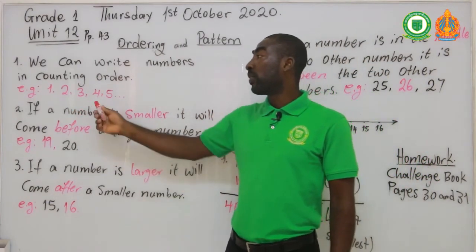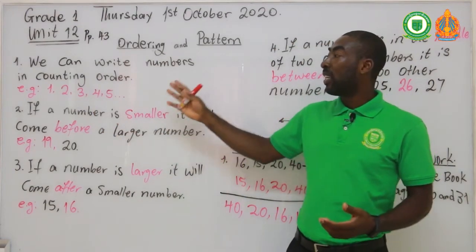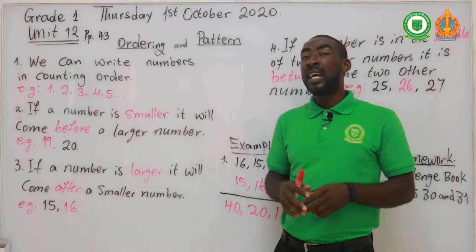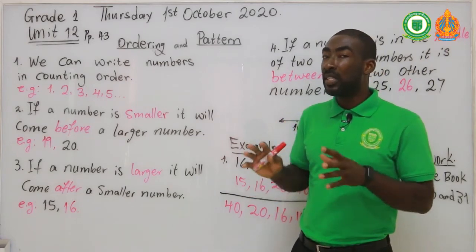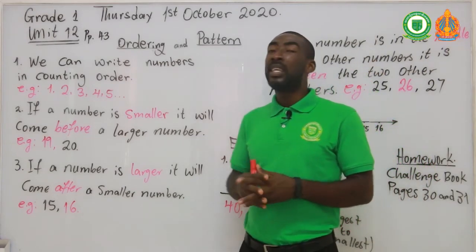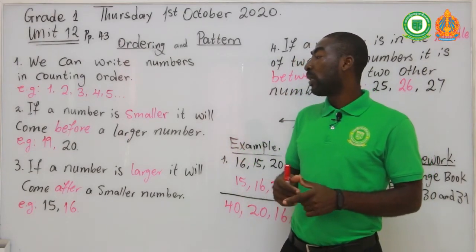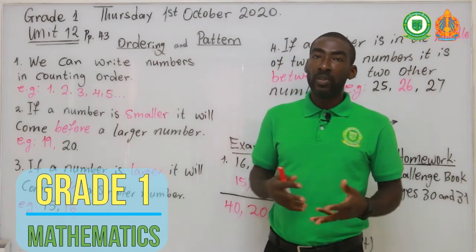An example is what we have shown here, starting from 1 up to 5, and it continues if you want to continue them, okay? So that has been our natural way of putting numbers in order. That means we put them in a counting order. Besides, you have to know what a smaller number is and what a larger number also is.